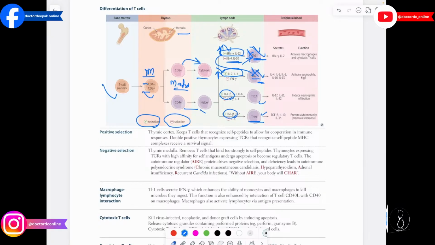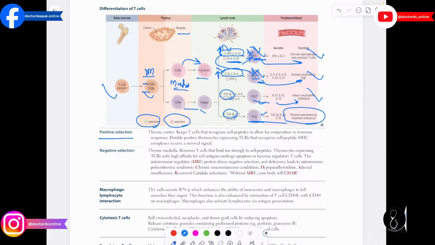It is so simple. And you guys already know the function of T helper cell 1 is to activate macrophages. Th2 is going to activate eosinophils and B cells to form antibodies, and Th17 is going to induce neutrophilic infiltration, and regulatory cells will prevent autoimmune reactions and maintain tolerance.